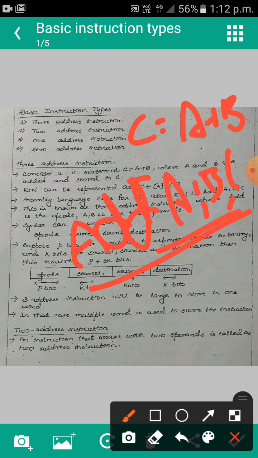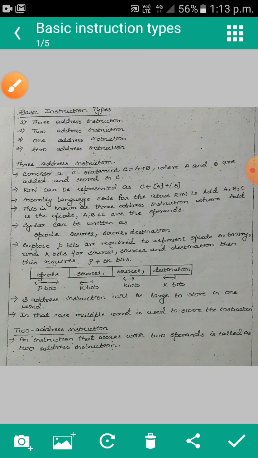Different machines use different types of instruction type. It can use maybe 1 address instruction, or 3 address instruction, or 2 address instruction. It depends on the machine. Let's see how to write the instruction in 1 address, 2 address, 3 address, and 0 address instruction.